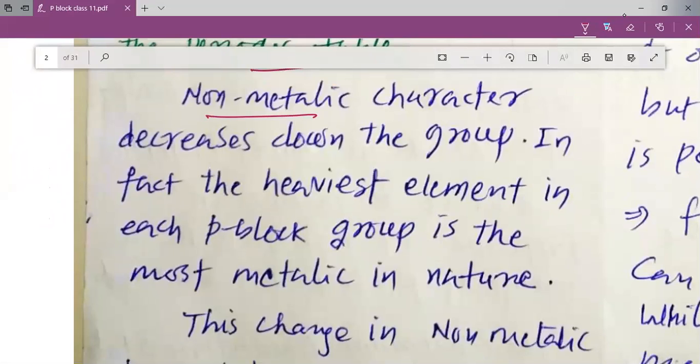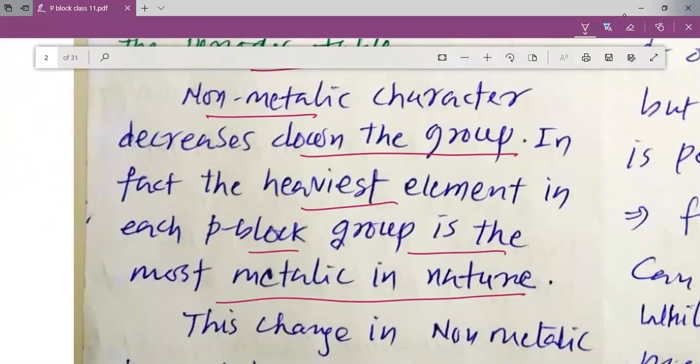Non-metallic character decreases down the group. In fact, the heaviest element in each p block group is the most metallic in nature. So if you go down the group, for example in group number 13, we have boron, aluminium, gallium, indium and thallium.